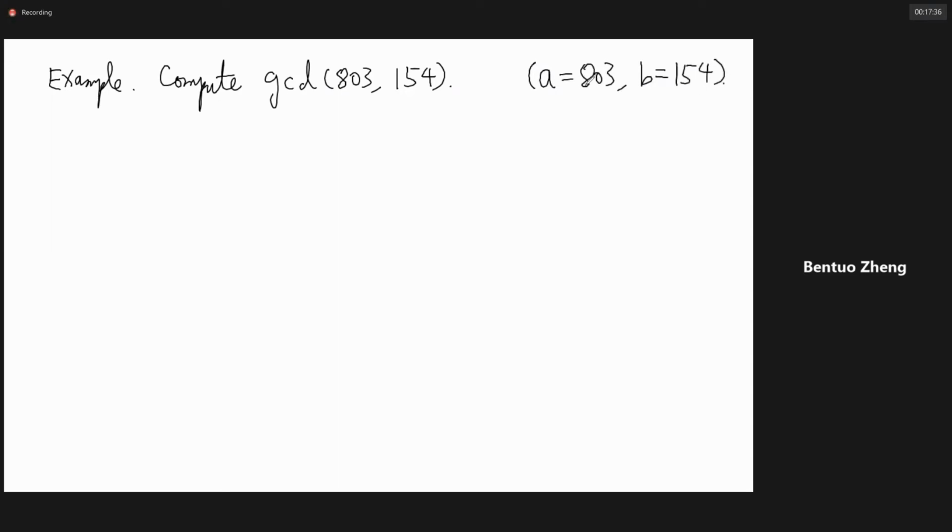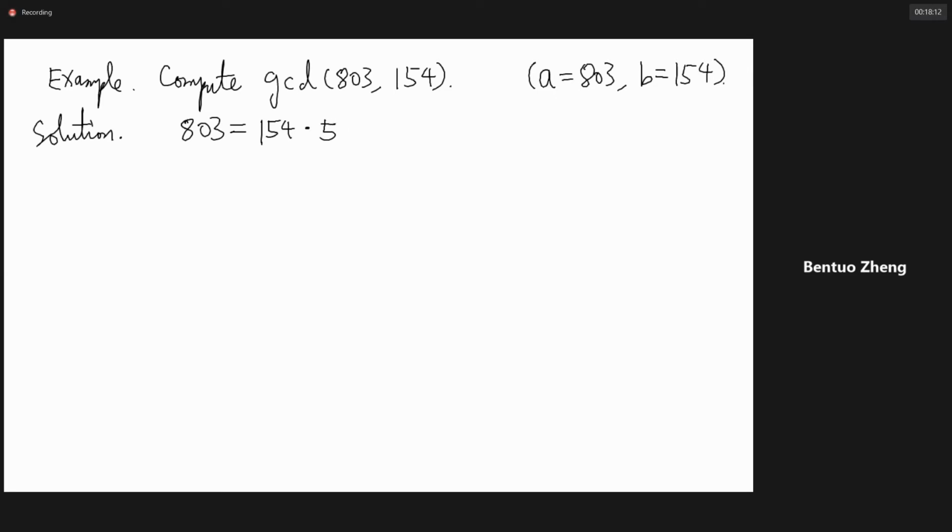So in order to apply the lemma, A is 803, B is 154. So how to compute the greatest common divisor? Step one: you write 803 by the remainder theorem. So this is equal to 154 times what? You can see this is 5, I think.